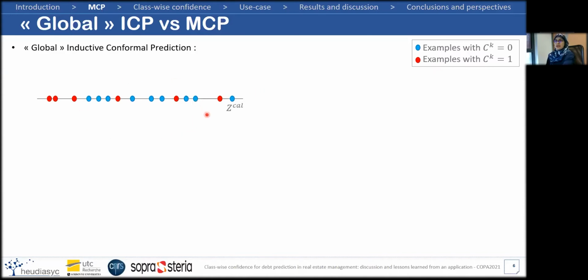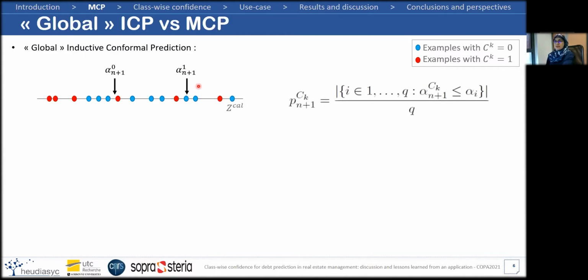When we calculate the alphas for a new example n+1 by associating to it the class 0 and 1, we have these values, and then we compare them with all the examples in the calibration set, and we calculate the p-value with this equation.